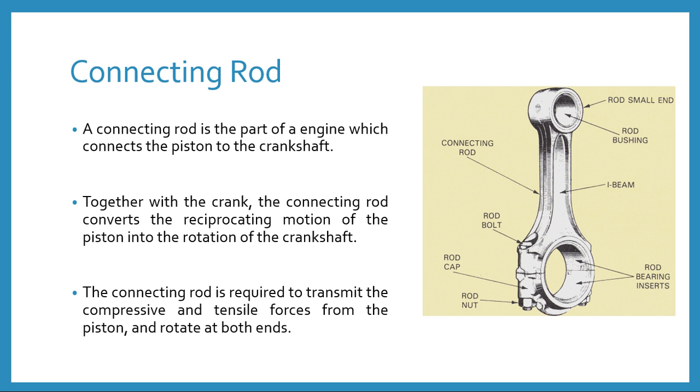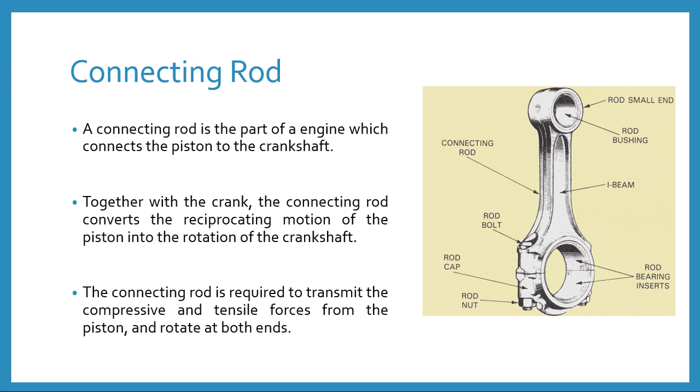when the piston is pushed downwards by the explosive forces in the combustion chamber, the connecting rod transmits the downward motion to the crankshaft, causing it to turn.